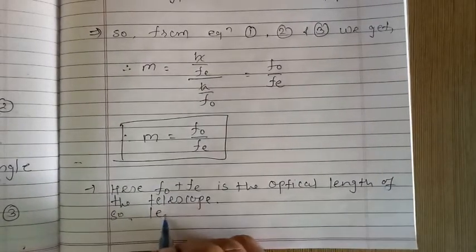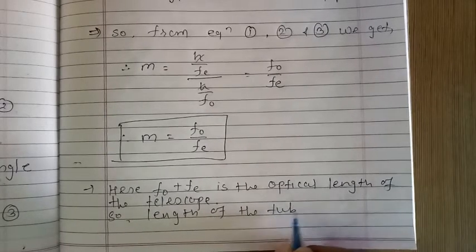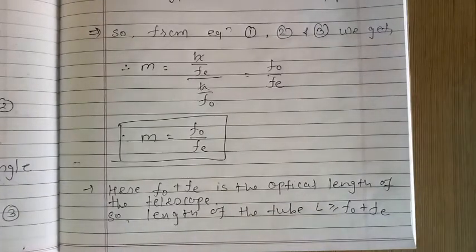So we can say the length of the tube L is greater than or equal to FO plus FE, or we can also say that the distance between the objective and eyepiece is FO plus FE, right? So you have to remember the magnification of the telescope, M is equal to FO upon FE, and the tube length or distance between objective and eyepiece is FO plus FE.